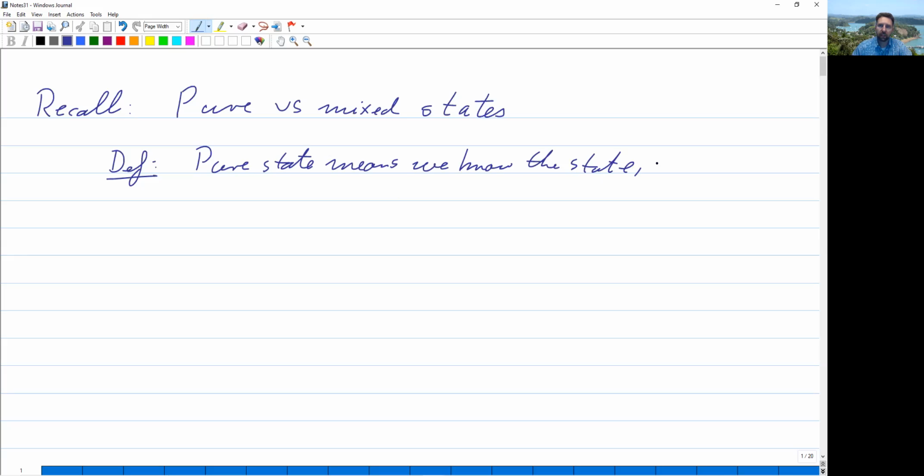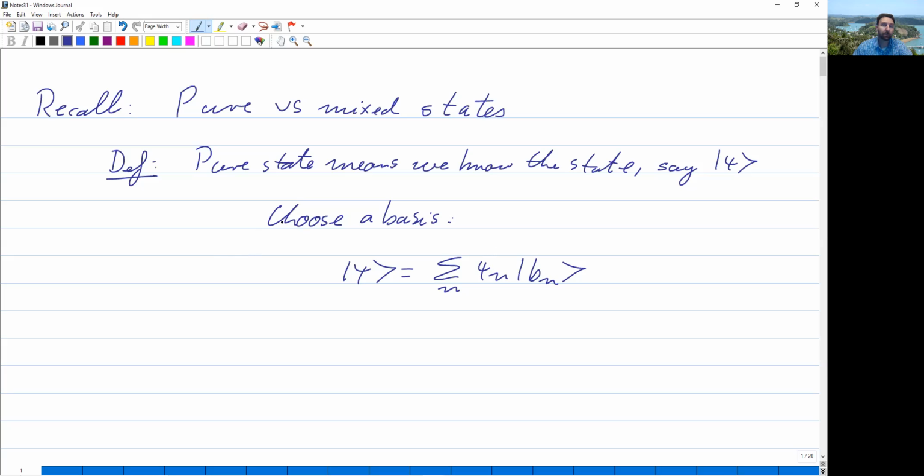So say psi is the state. And then if we choose a basis, then we can write that psi is equal to the sum over n, with coefficients psi_n, |n>. The psi_n form the wave function. Now, what's the density matrix of a pure state?